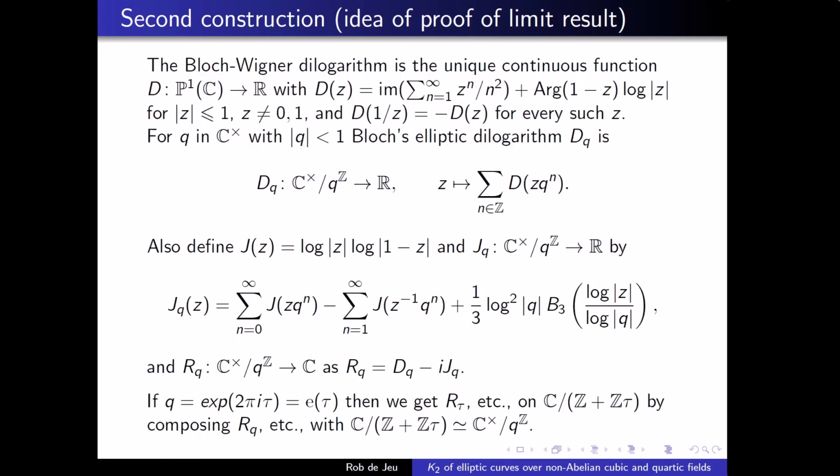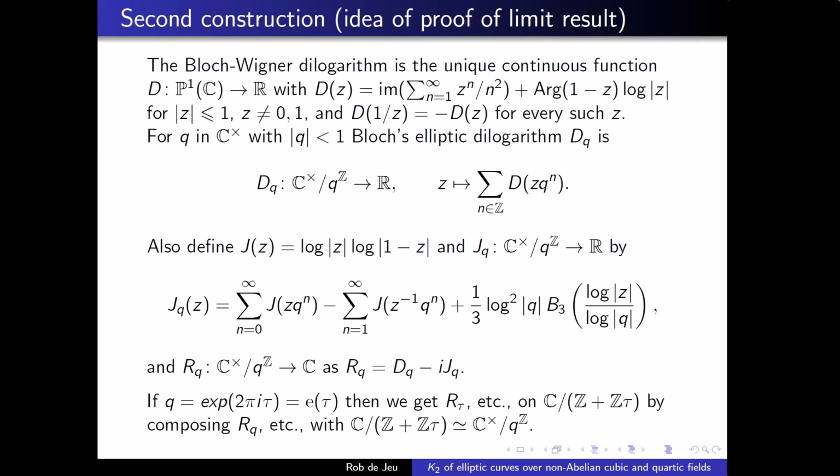Okay, so why would this work? I think it's a little bit too detailed to do in any detail. But in the Irvine notes, when Spencer wrote down his element in K2, the kernel of the tame symbol on the curve of C_m over Q, he used the dilogarithm to create a regulator map.